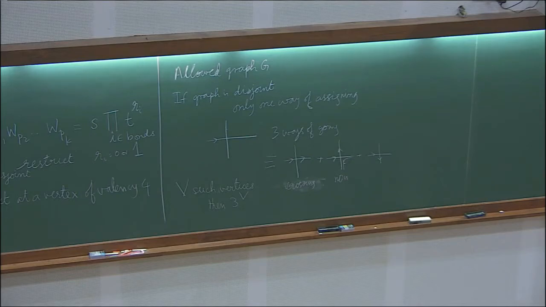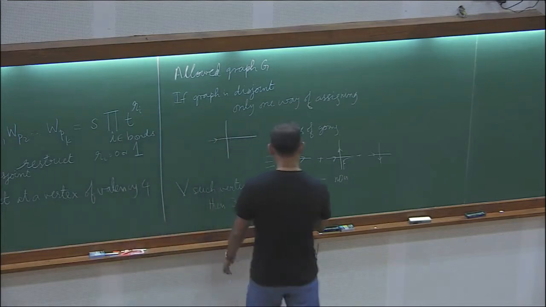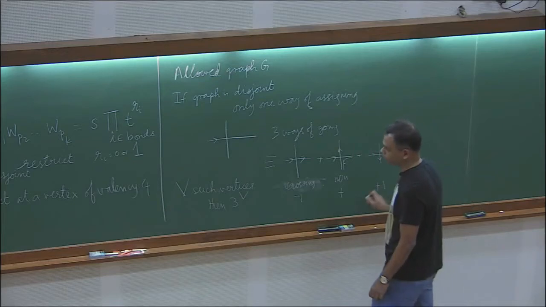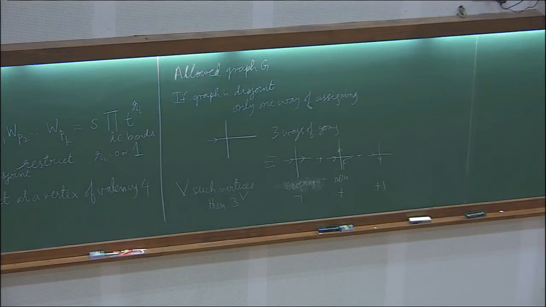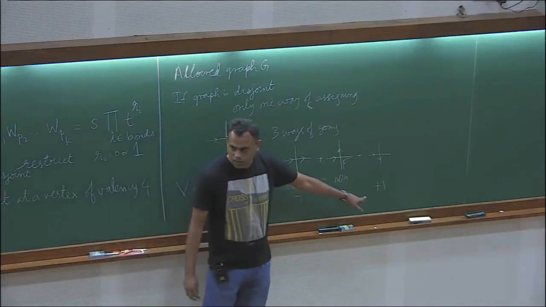Now, what are the signs of these crossings? This one comes with the -1, this one comes with the +1, this one comes with the +1, because we argued that the sign of a walk is -1 to the power number of crossings. Okay. So every time there's a crossing, I get a -1 and 2 +1s.